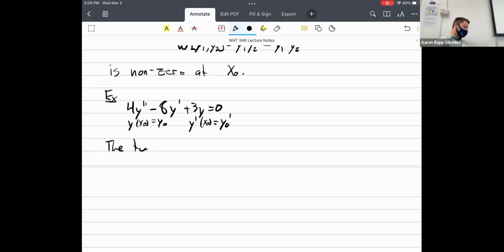Well, the two solutions that we found were y1 we can just set to be e to the 1/2 x and y2 e to the 3/2 x.